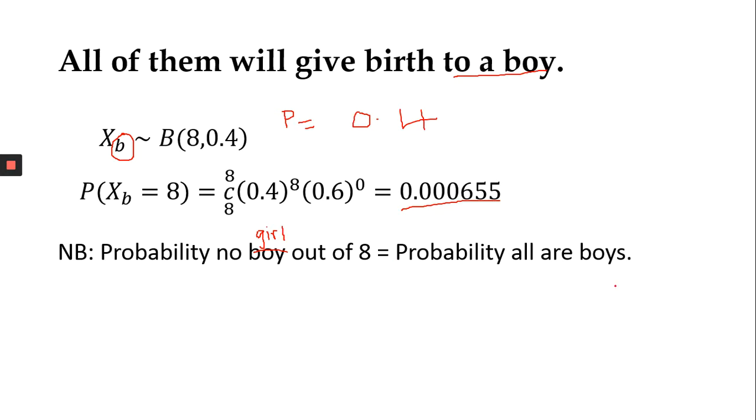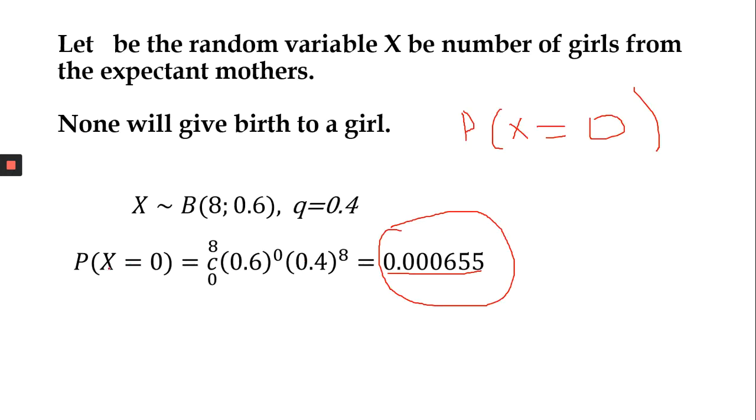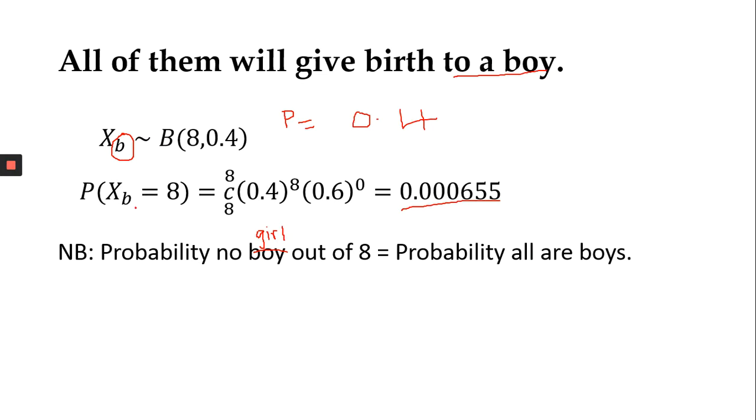So if all the 8 mothers don't give birth to any girl, it simply means that all of them will give birth to boys. And this makes a lot of sense. That is why the answer that we got from the previous, that is probability no girl, is the same as probability all are boys, which is this one.